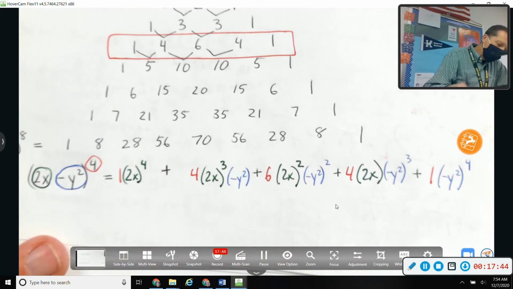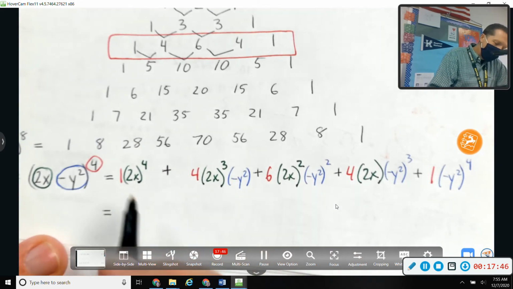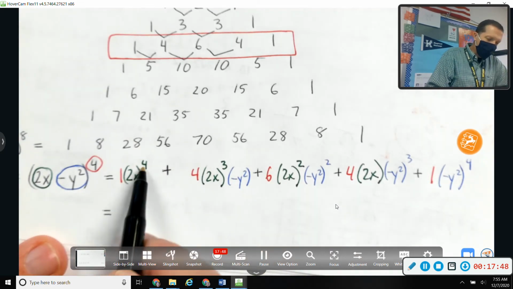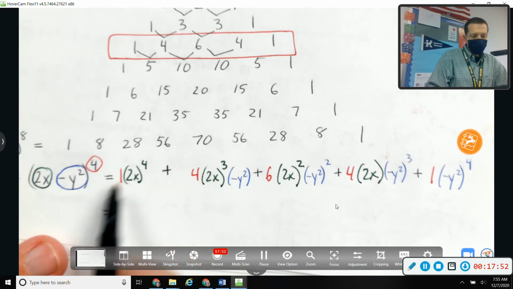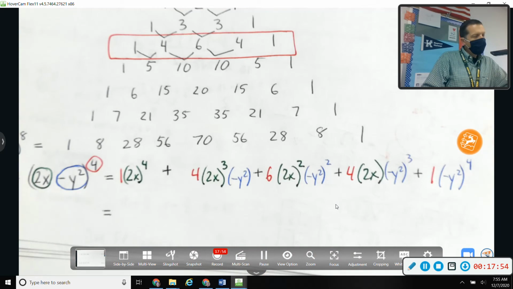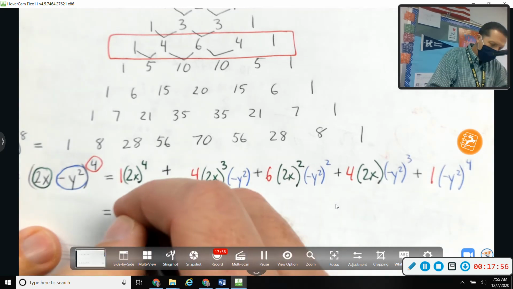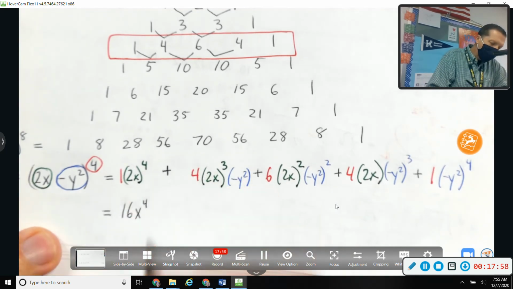Let's clean this up a little bit. Let's see, 2 to the 4th is, I've done enough powers of 2 in here, 16. So 16x to the 4th.